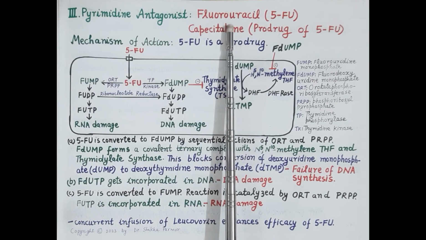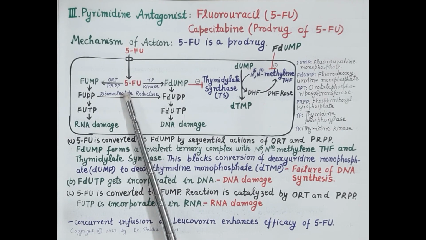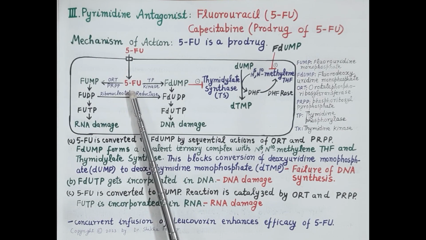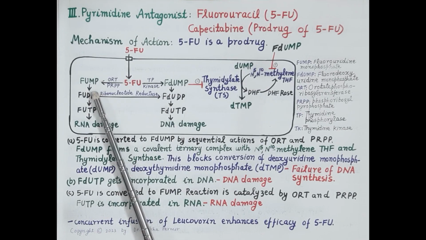Now 5-fluorouracil is a prodrug. It is taken up inside the cell, and inside the cell 5-fluorouracil is converted to fluorinated nucleotides. It is converted into fluorodeoxyuridine monophosphate, that is FdUMP, and fluorouridine monophosphate, that is FUMP.